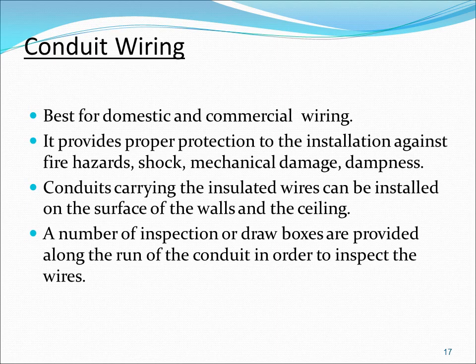Best for domestic and commercial. It provides proper protection to the installation against fire hazards, shock, mechanical damage, dampness. Conduit carrying the insulated wires can be installed on the surface of the walls and ceiling. A number of inspection or draw boxes are provided along the run of the conduit in order to inspect the wires.